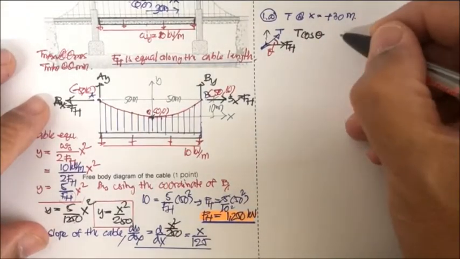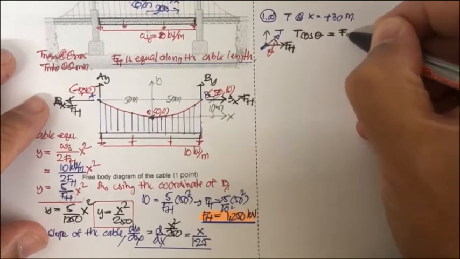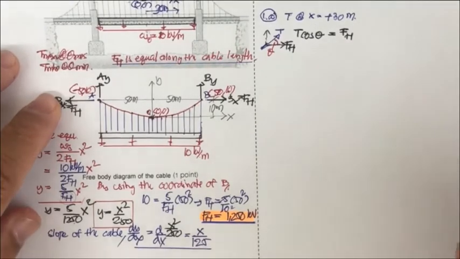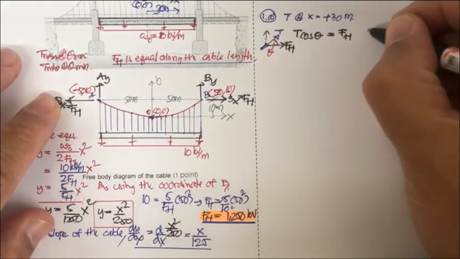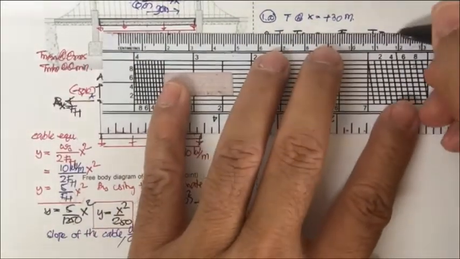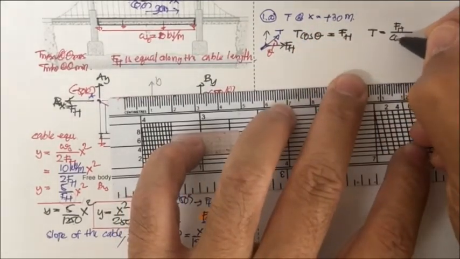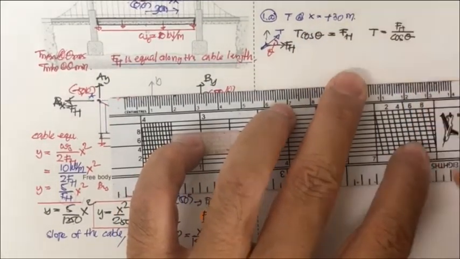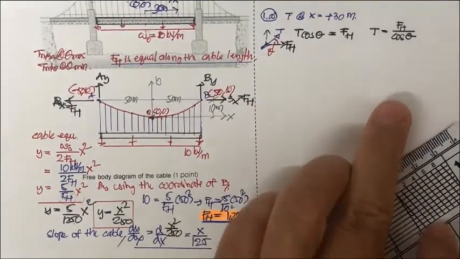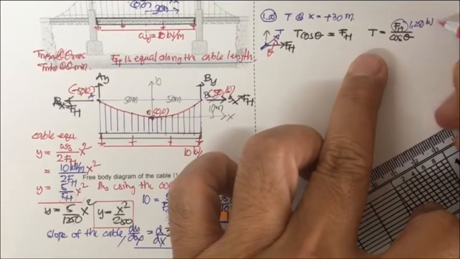So by this equation, we have T cosine theta equal to F sub H. And then you may have T equal to F sub H divided by cosine theta. And now, from the previous calculation, we get this already: 1250 kilonewton.